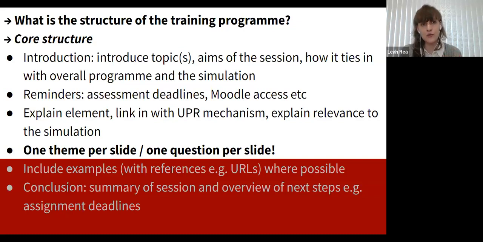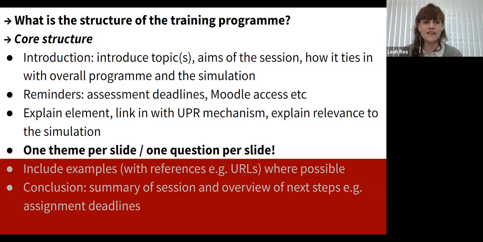If you keep it so that you have 1 theme, 1 learning question, 1 learning aim covered per slide, it's easier for yourself as the instructor to design and deliver it, but it's easier for the participants to actually sit back, reflect on the information, absorb the information, and then if they have questions, knowing how to frame those questions.